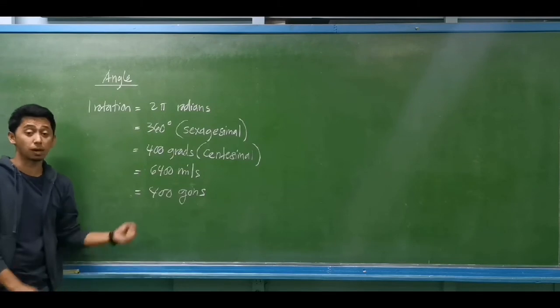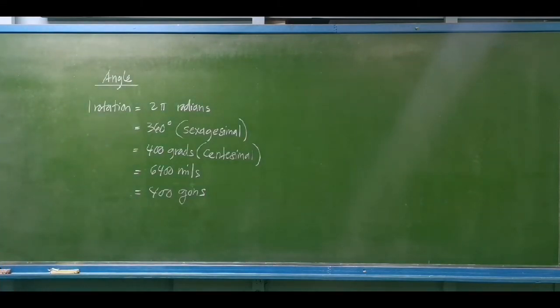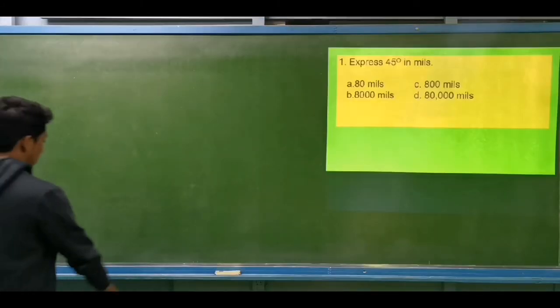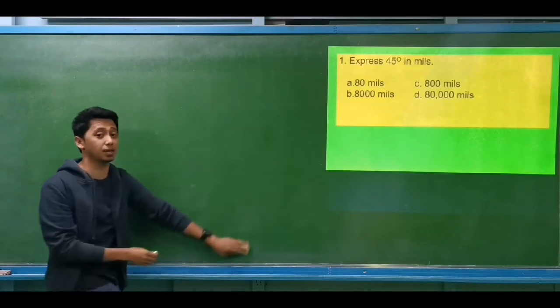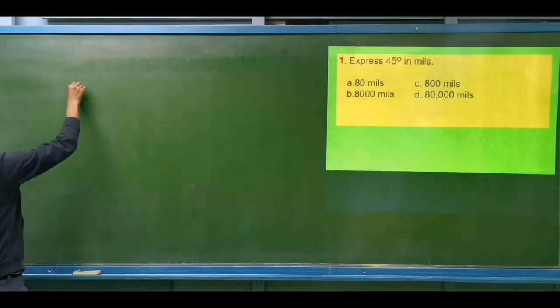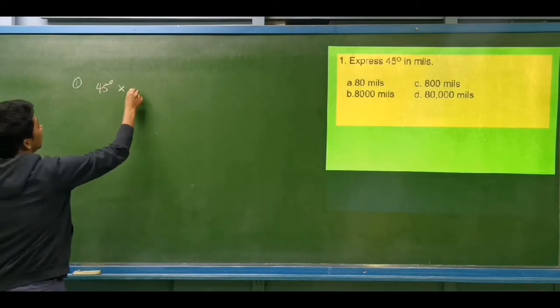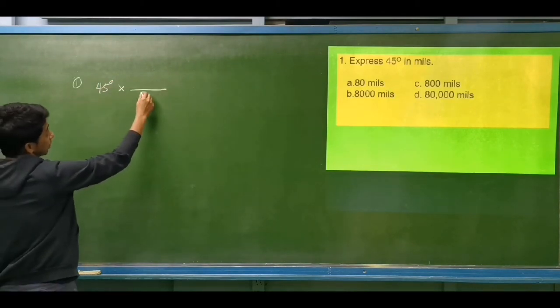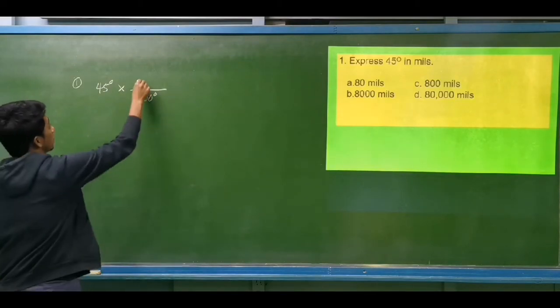So let's have some example na lumabas sa password. Our first example, express 45 degrees in mils. So this is problem number 1. We have 45 degrees multiplied by, so ang conversion factor natin, this is 6,400 mils divided by 360 degrees.